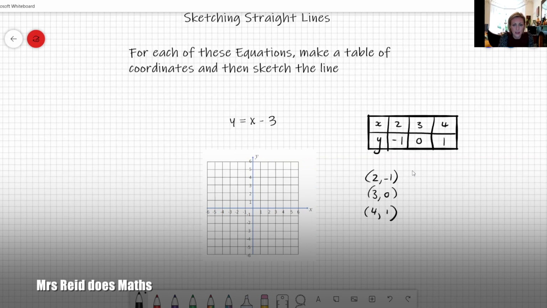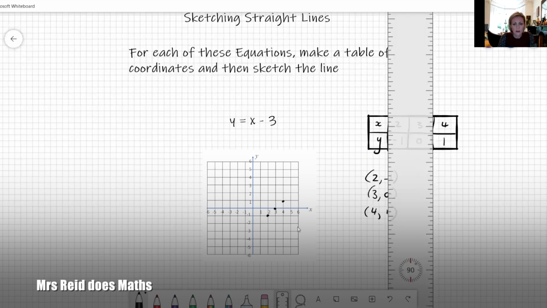And if I plot these here, so 2 across minus 1, 3 across 0, and 4 across 1. So you can see those are 3 points. Now, if we picked another set of x coordinates rather than 2, 3, 4, we would just have got different points on the same line. So let's now join those dots, and this is where it gets tricky.